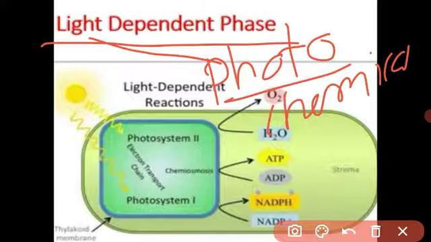Because light plays a key role and all the chemical reactions occur in the presence of light, it is called the photochemical phase.